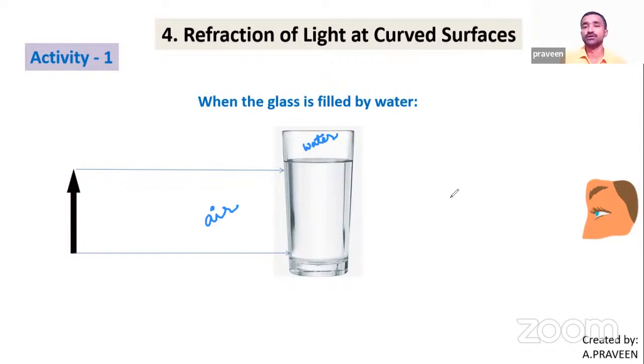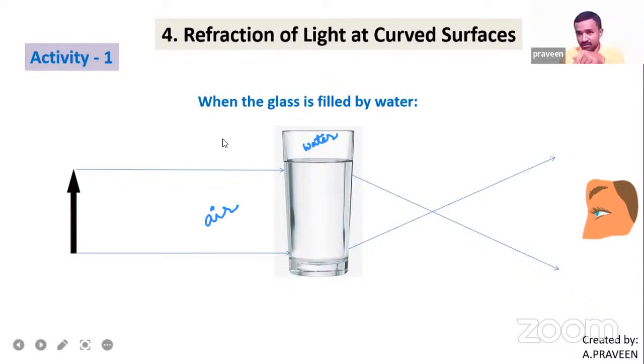Then what happens when you observe through the glass of water? Simply, the light is received oppositely: light going to the top is received at the bottom, and light going to the bottom is received at the top.